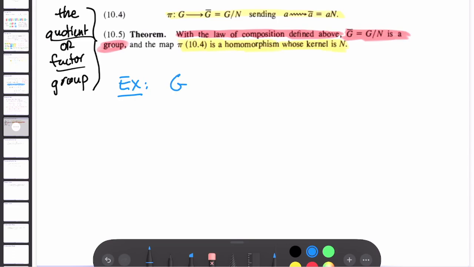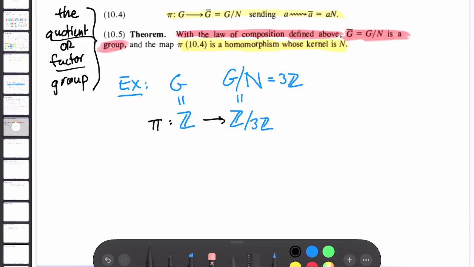So if G is equal to Z, and H is equal to, well, I guess I should maybe call it N after all this time, is equal to 3Z, then G mod N is equal to Z mod 3Z.